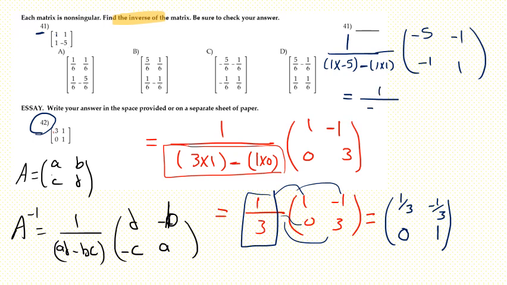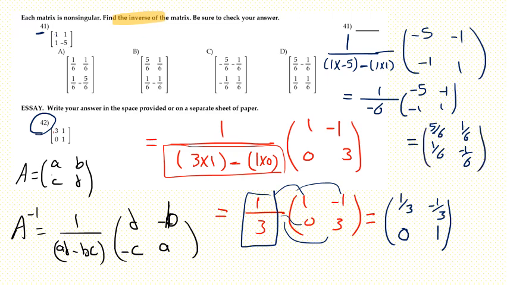No, sorry, negative 1 minus 5, negative 6. Multiply negative 5, negative 1, and 1. So it's equal to 1 over negative 6 multiply the matrix: 5 over 6, 1 over 6, 1 over 6, negative 1 over 6. So in this case, the right answer is B.